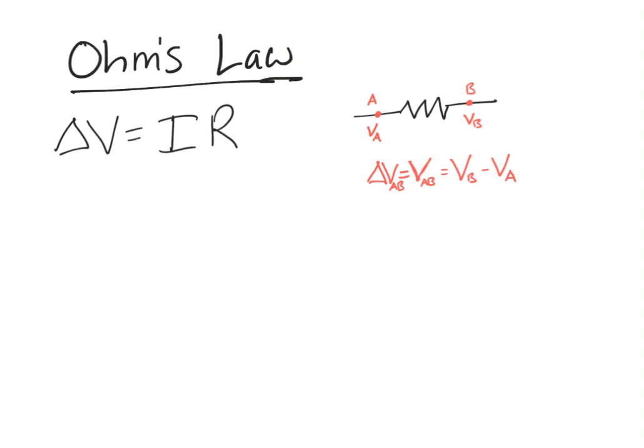If I want to go the other way around, I'll get a negative result. This is because VA or VB might have a higher potential than the other. And so if I go one way, I increase, and if I go the other way, I decrease my electric potential. But really, remember, voltage is a difference in electric potential between two points.